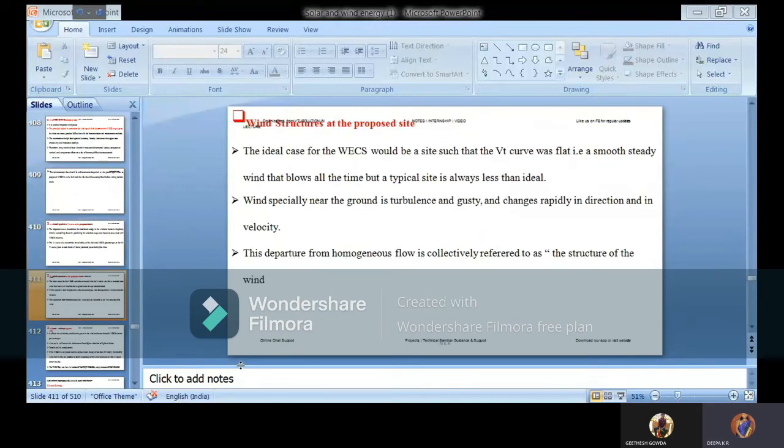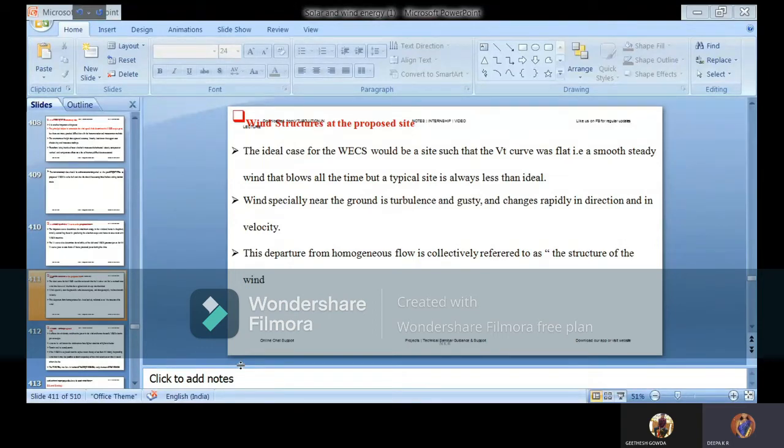Next, wind structures at the proposed site. These are, as I said, the designing of a system. You need to know what the blade length must be, what the width must be, the vertical line, and the tower which you are going to keep as a support. Everything should be calculated, so you need to think about which design is suitable.